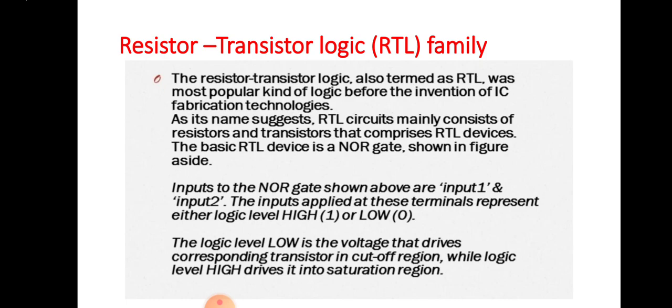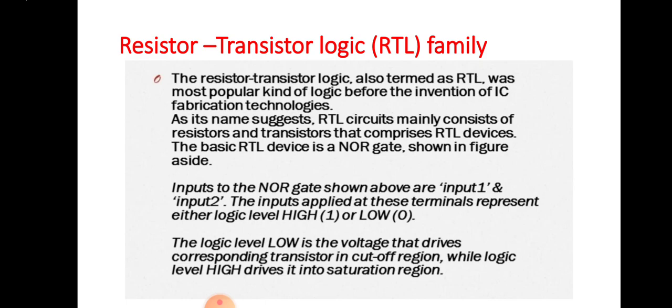Inputs to the NOR gate shown in the above figure are input 1 and input 2. The inputs applied at these terminals represent either logic level high or logic level 0. The logic level low is the voltage that drives the corresponding transistor in cutoff region, while logic level high drives it into saturation region.